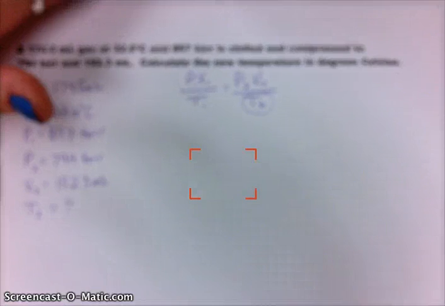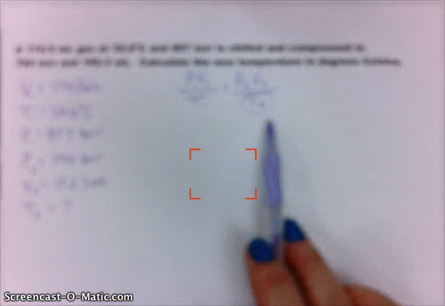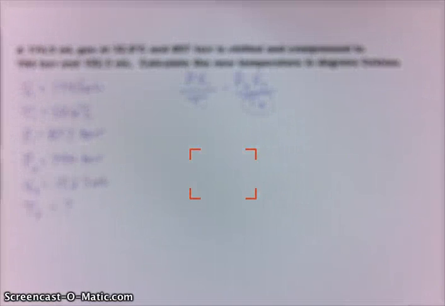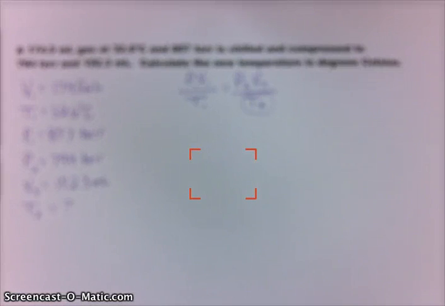Oh boy, this is down in the denominator. So when a variable is in the denominator, you can't solve for it. So we need to get the variable out of the denominator. And so to do that, we need to multiply both sides by T2, which is down in the denominator.